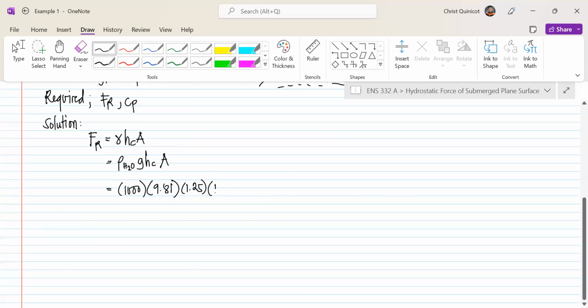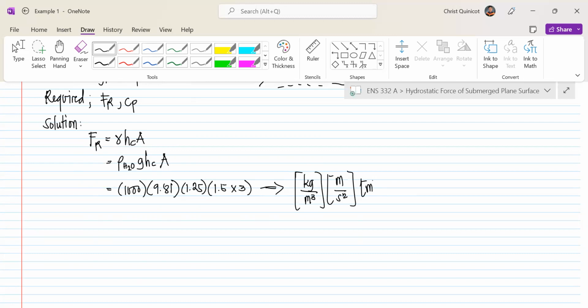So that is 1.5 times 3. But before that, let us have some dimensional analysis. Our density has a unit of kilogram per cubic meter. Our 9.81 is meter per second squared. Our 1.25 is in meter. And our area is in meter squared. This part here, kilogram meter per second squared, becomes Newton.